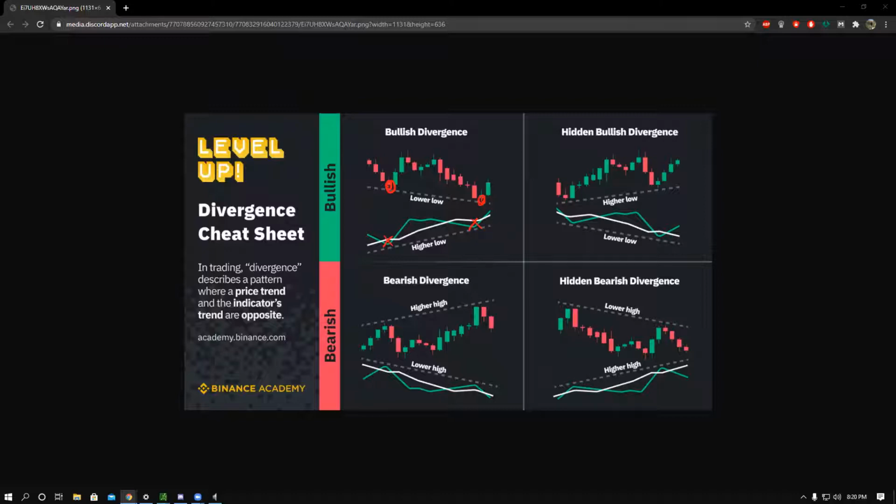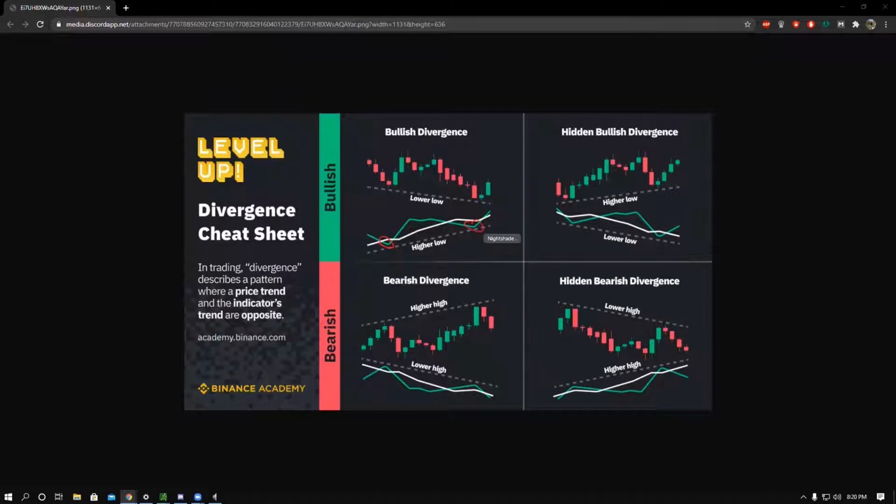The reason why this divergence occurs, right, is because there's weakness in whatever trend the price is showing you. So whenever you have higher lows in your RSI indicator or whichever one you're using, and you have lower lows in your price action, that means our oversold threshold is getting higher, right?